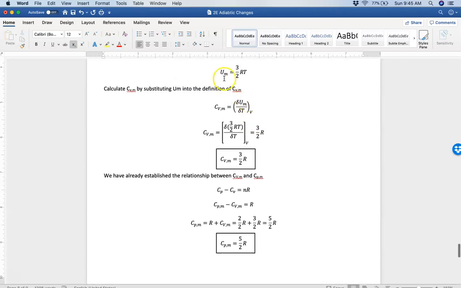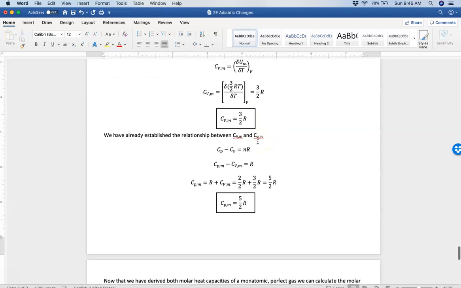We can substitute in our U_m equals 3/2 RT into our derivative. Now we have the change in 3/2 RT per change in temperature at constant volume. If we take the derivative here with respect to T, right, it simplifies down to 3/2 R.